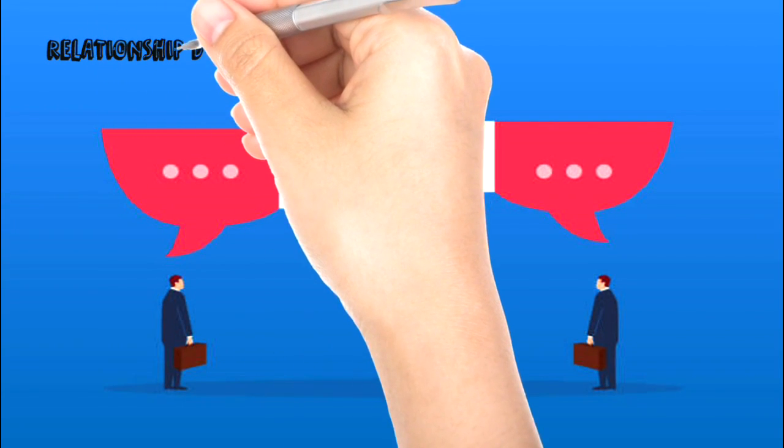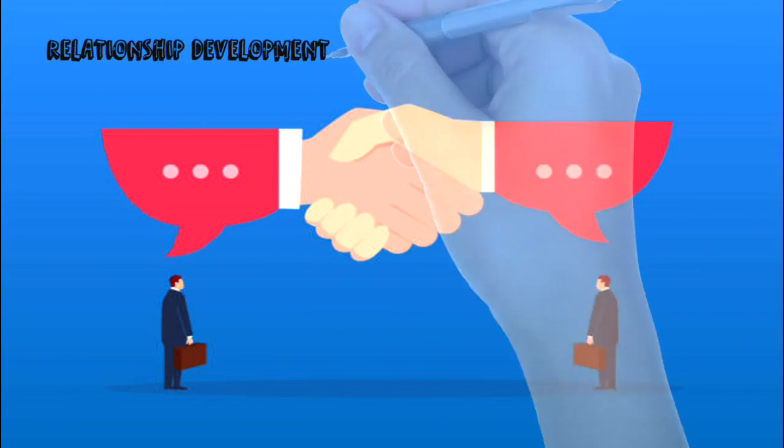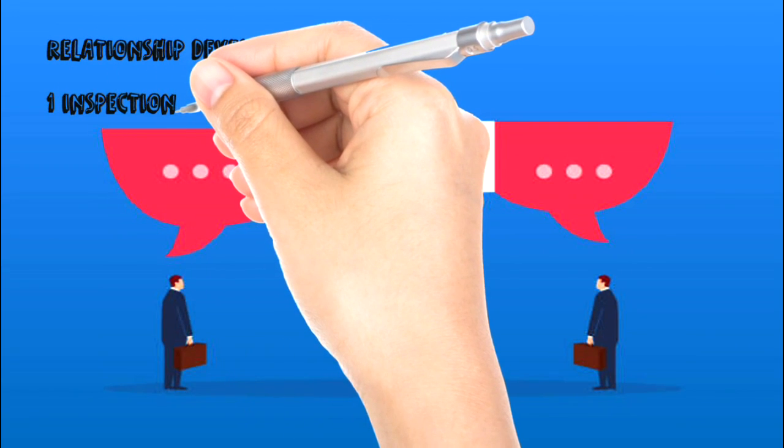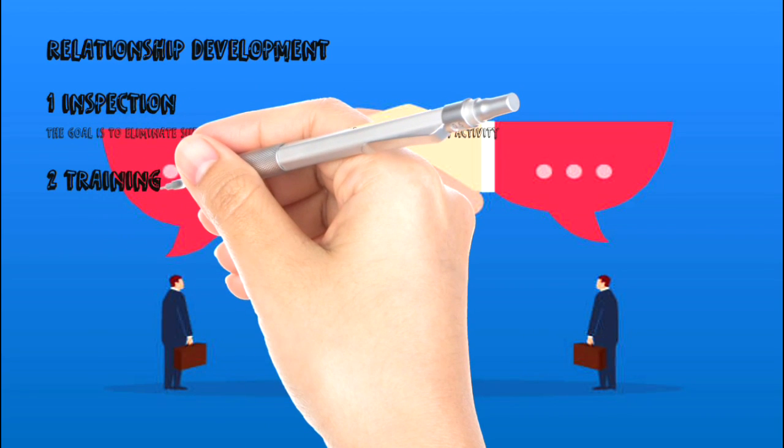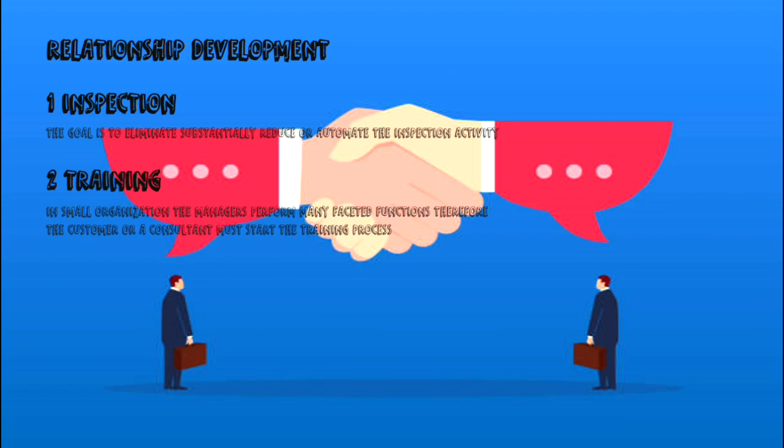The next topic is relationship development. Number 1 is inspection. The goal is to eliminate, substantially reduce, or automate the inspection activity. Number 2 is training. In a small organization, the managers perform many-faceted functions. Therefore, the customer or a consultant must start the training process.